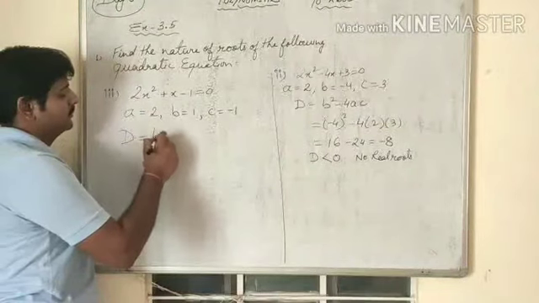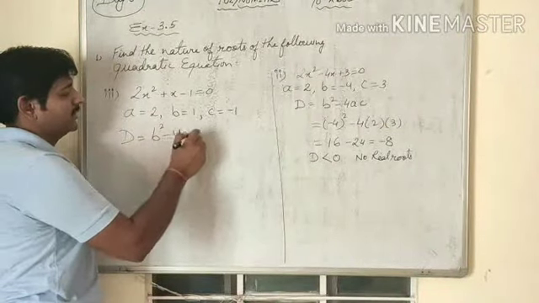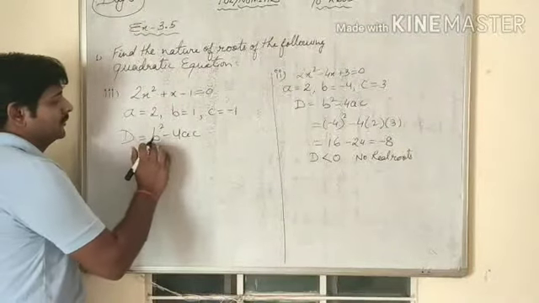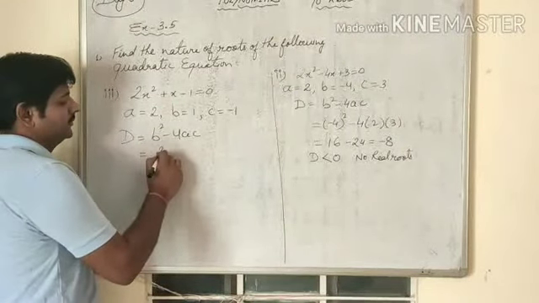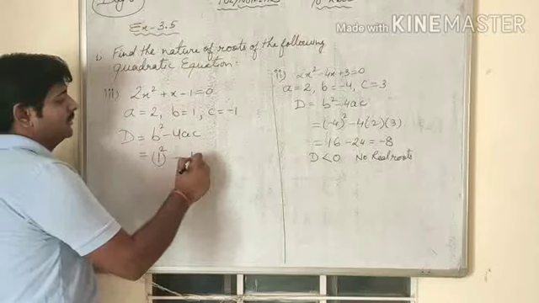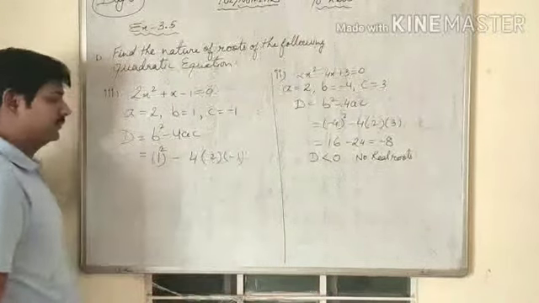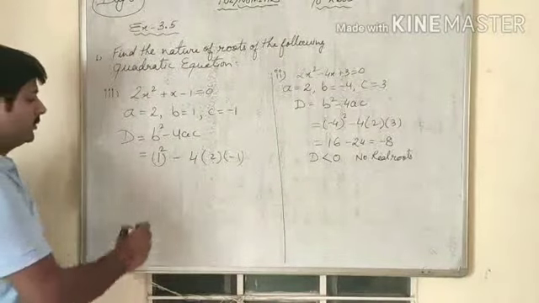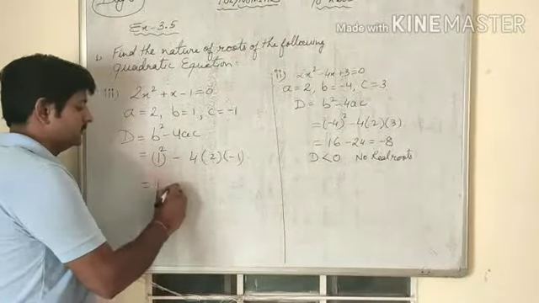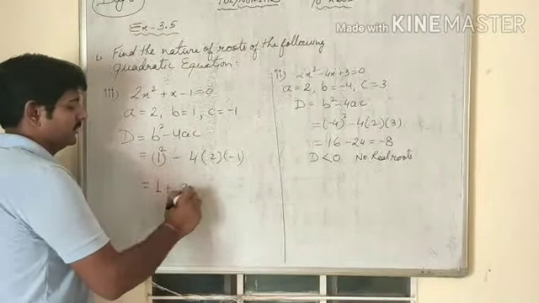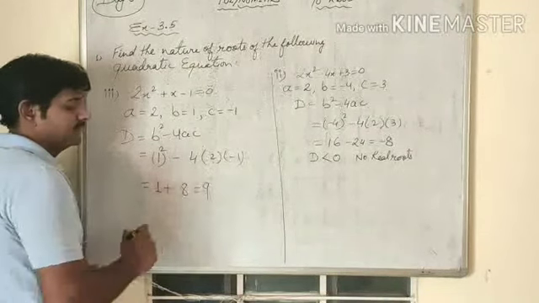Discriminant is the same, b square minus 4AC. So 1 square minus 4 into 1 into minus 1. 1 square is 1, and minus times minus gives plus 8, so we get 9.